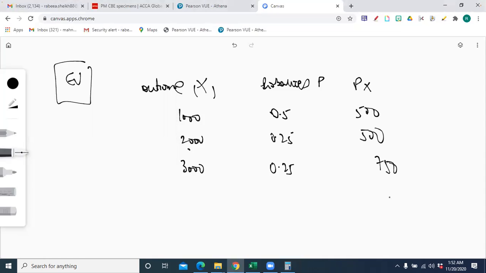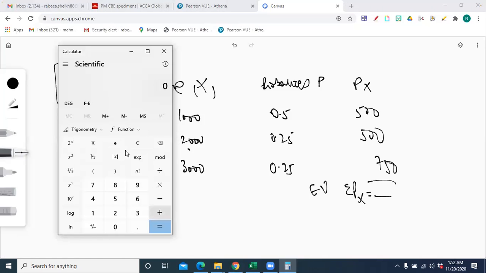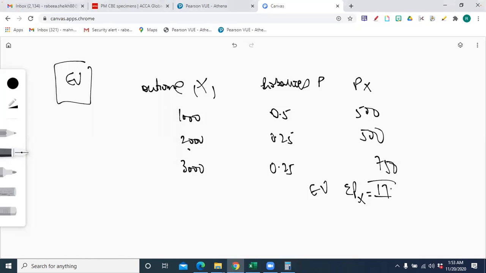And then you would take the sum of all, right? Summation PX would give you the expected value. So 500 plus 500 plus 750 is 1750.